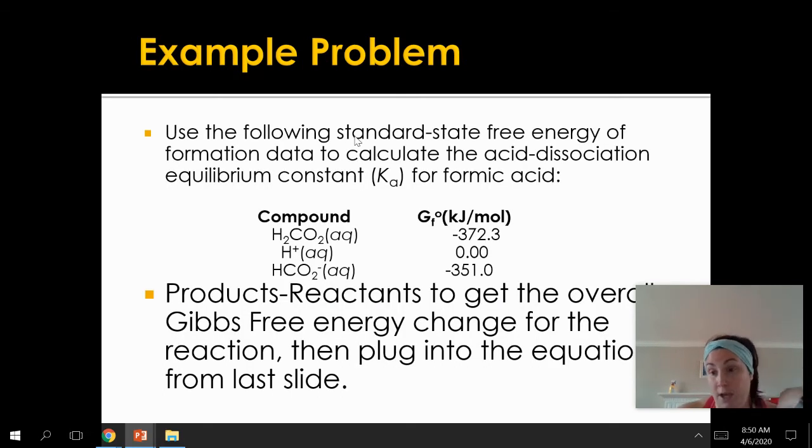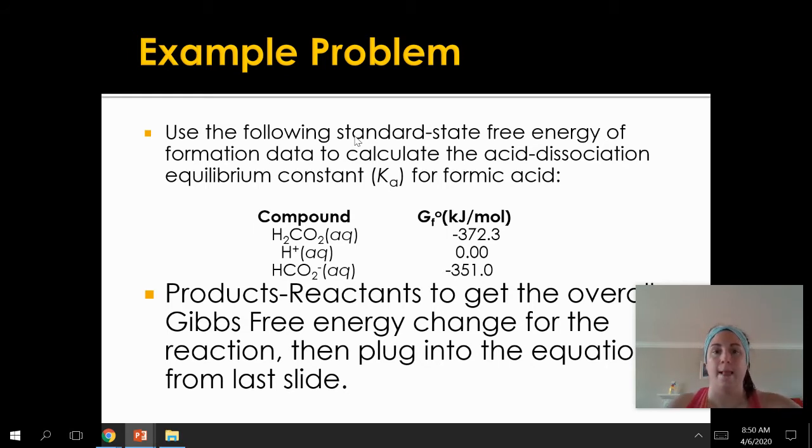Okay, here's an example problem. I'm not going to do them out, but I will talk through how you would approach this. Very often, that equation would not be used in a vacuum in AP, meaning you're not just given all the numbers and plug and chug. There's usually something you'd have to do before you could use the equation.